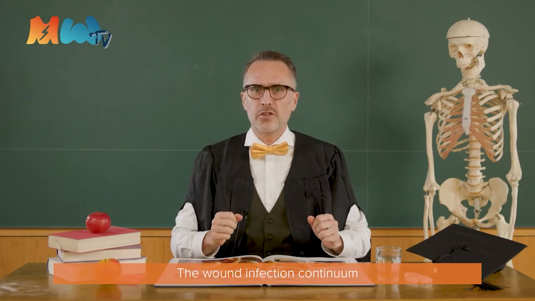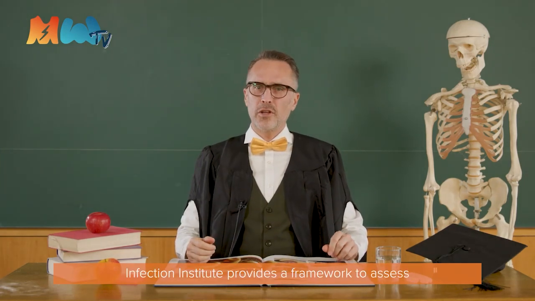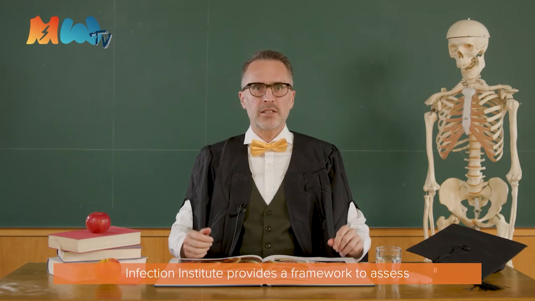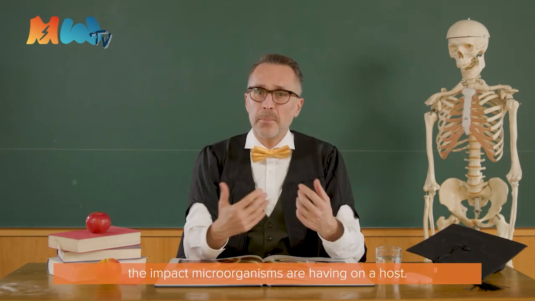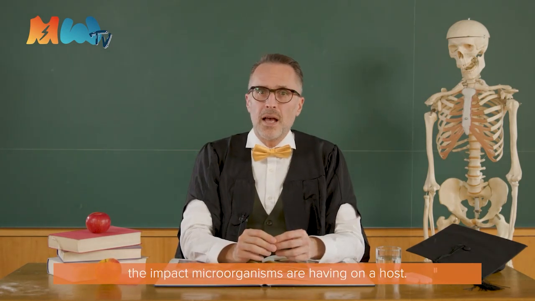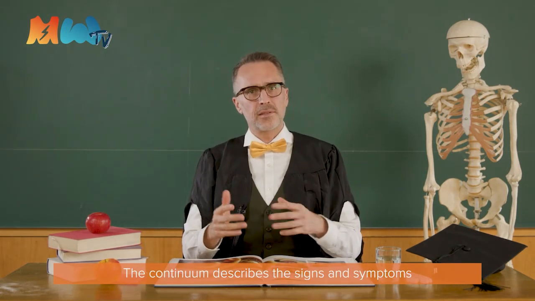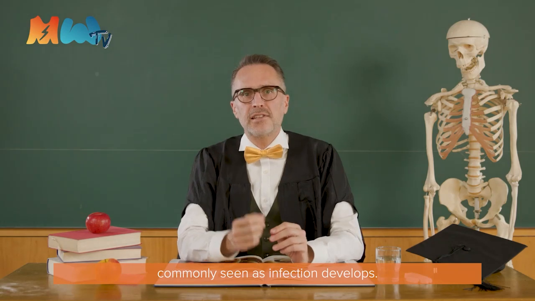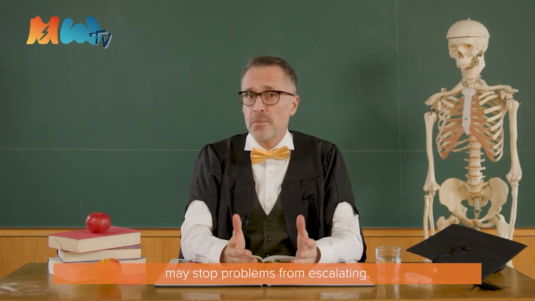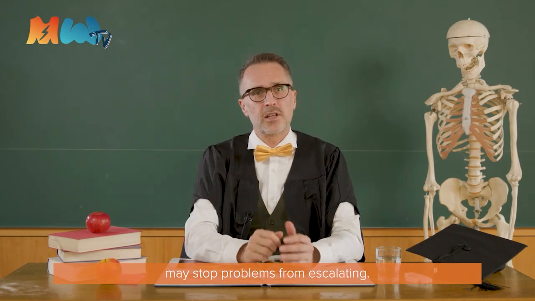The Wound Infection Continuum from the International Wound Infection Institute provides a framework to assess the impact microorganisms are having on the host. The continuum describes the signs and symptoms commonly seen as infection develops. Regular assessment can help prevent infection, and early intervention may stop problems from escalating.